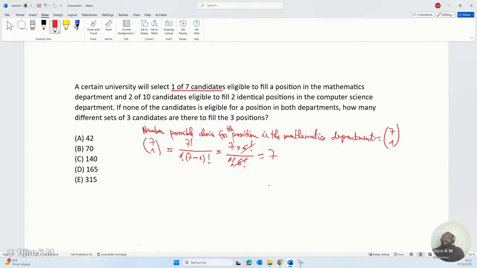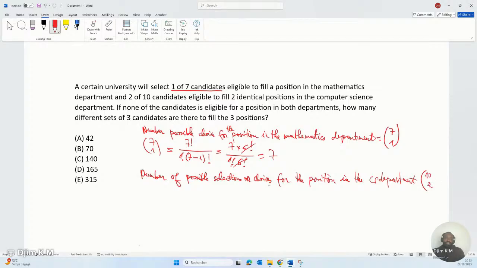And out of the 10 candidates here, so we say number of possible selections or choices for the position in the computer science department, we have to choose 2 out of 10.